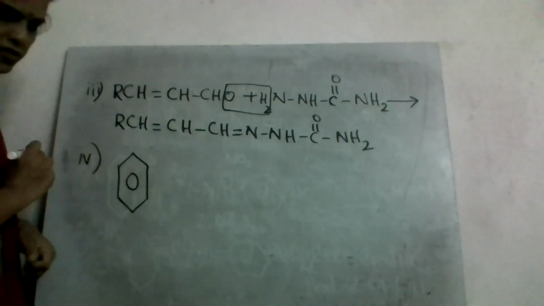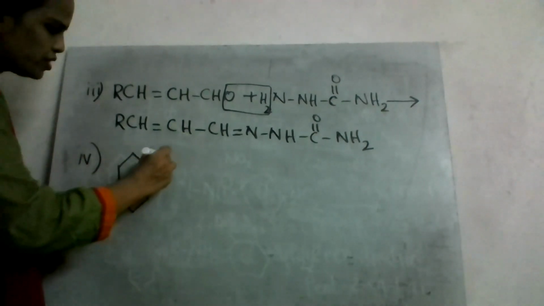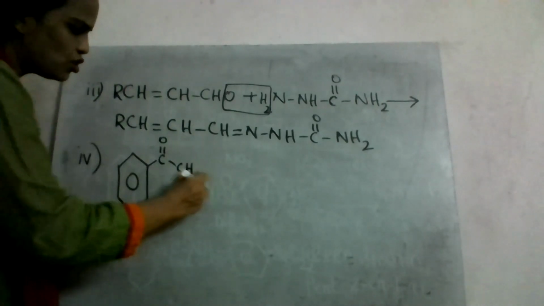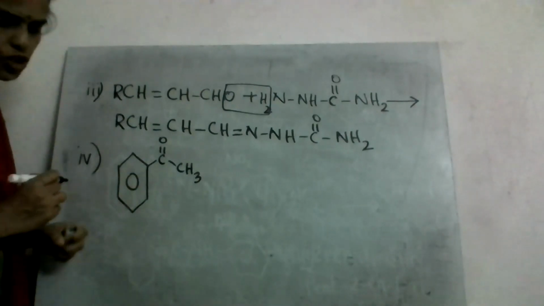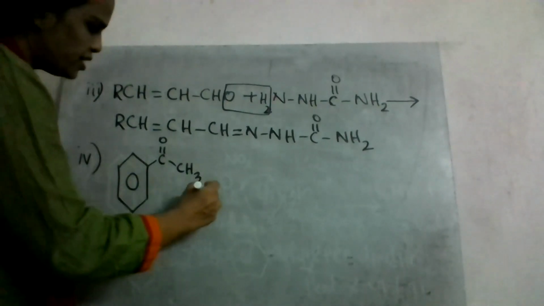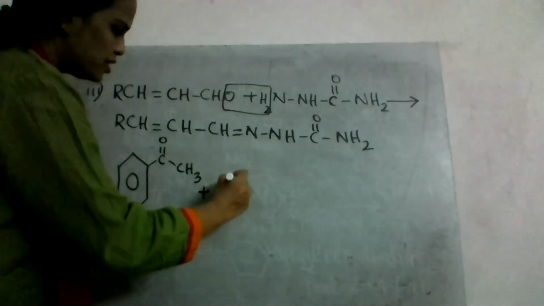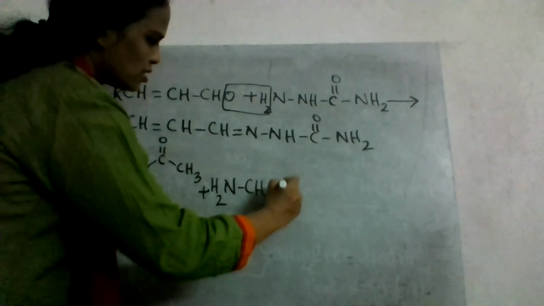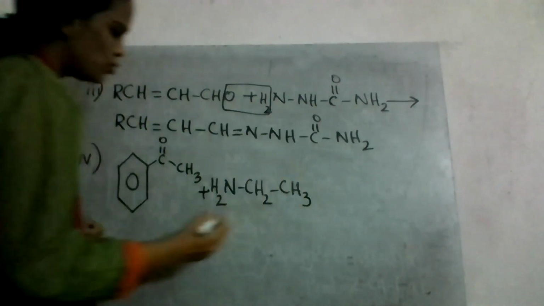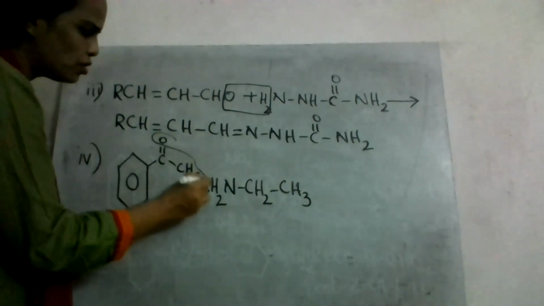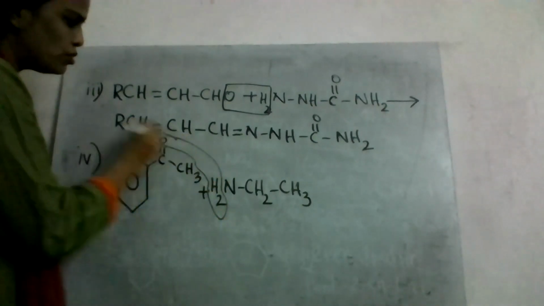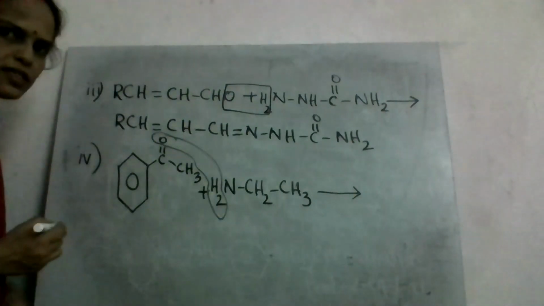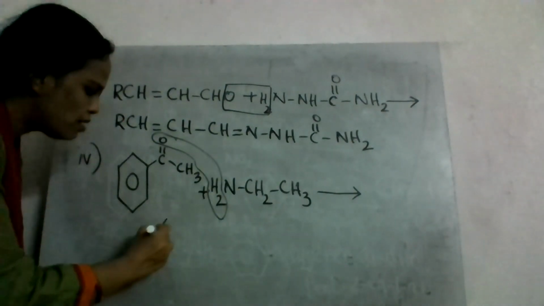Benzene is the ring that is given attached with C double bond O CH3, that is acetophenone C6H5COCH3, treated with NH2, amine, CH2CH3. So a water molecule is removed and it results in the formation of the product that is a substituted amine.